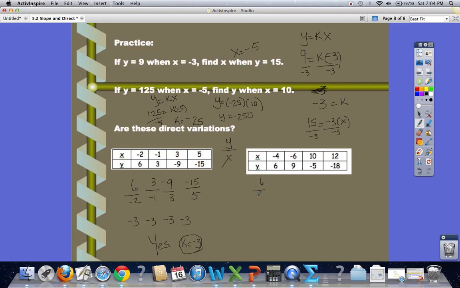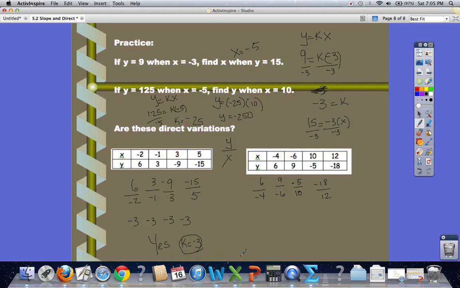6 divided by negative 4, 9 divided by negative 6, negative 5 divided by 10, and negative 18 divided by 12. All right, 6 divided by negative 4. Make sure when you put it in there you hit math enter because you want to know what it is. Negative 3 over 2.